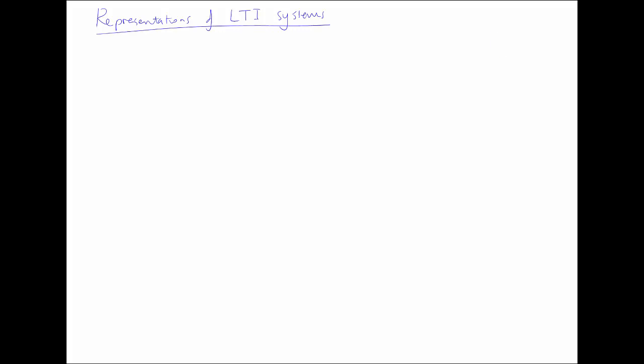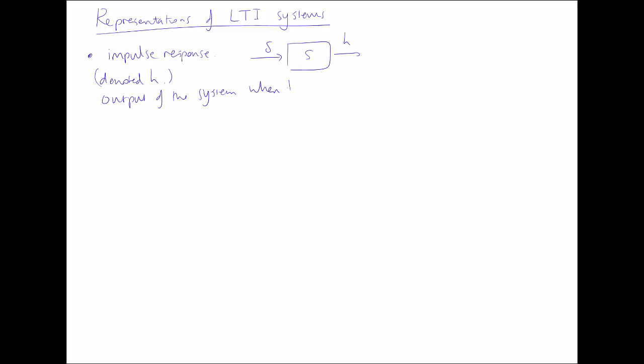So what different descriptions did we have? We had the impulse response. This is denoted h, and it's the output of the system when the input is the unit impulse. That definition makes sense both in continuous time and discrete time. That's one representation, and it is a time domain representation.